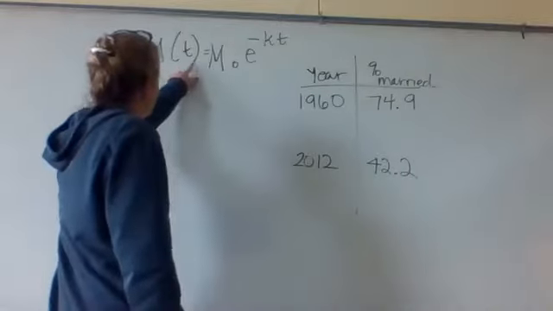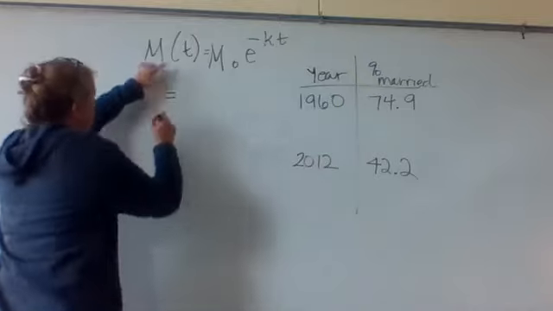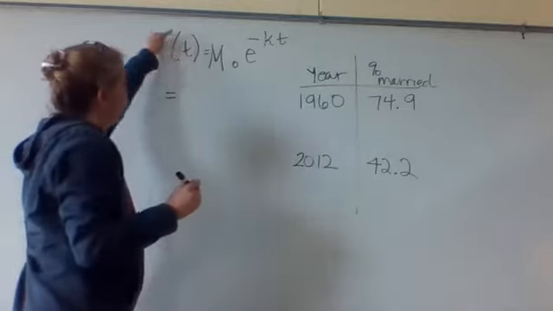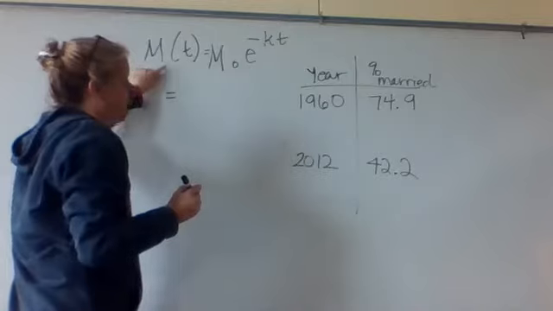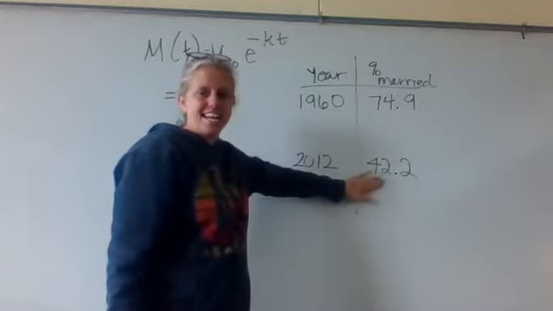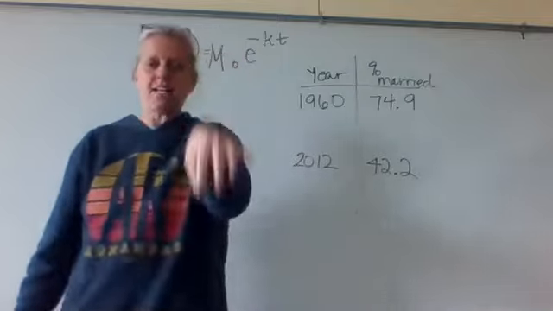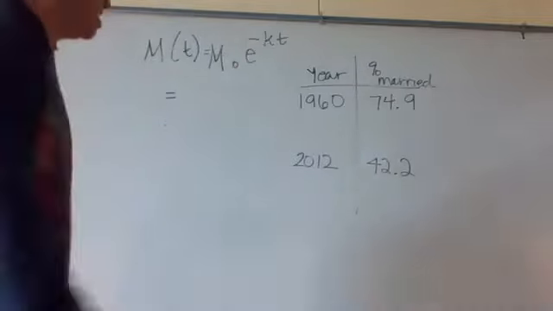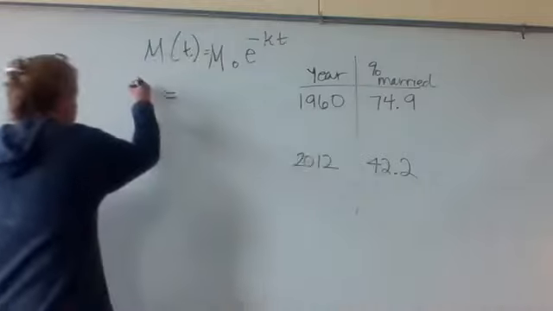So let's see. Remember, this is always your ending amount. So that's my starting amount. This is the ending amount. It's lower because the percent is dropping. So my ending amount is 42.2.